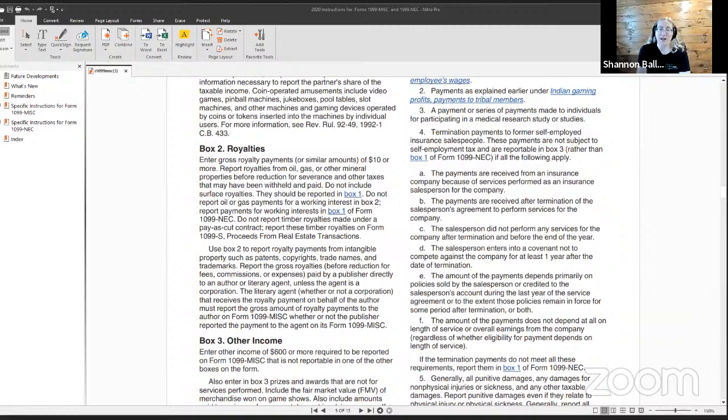I am not entirely sure why the royalty amount is so low, but it is $10. So just keep that in mind if you are working with any clients or if you are a business owner that issues royalties to people.